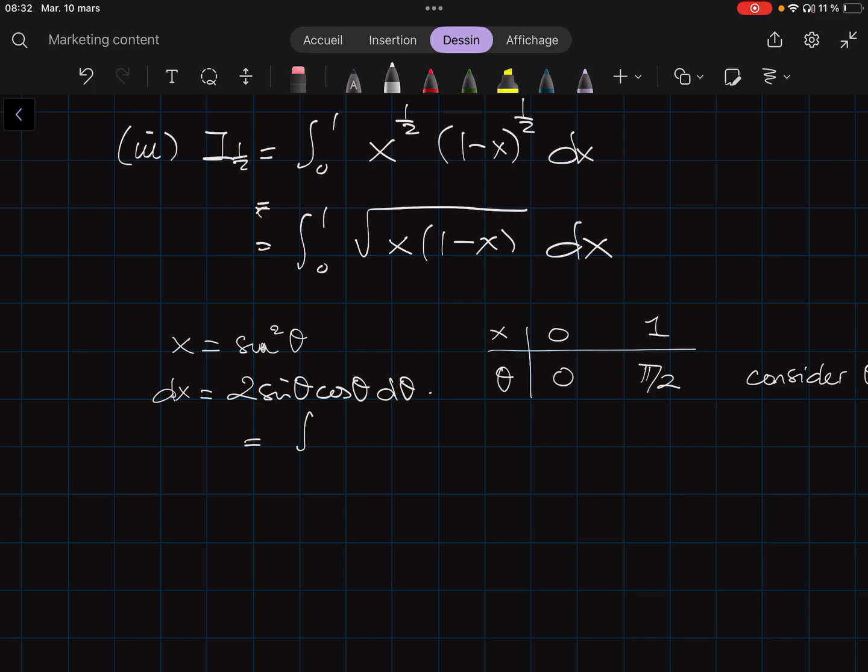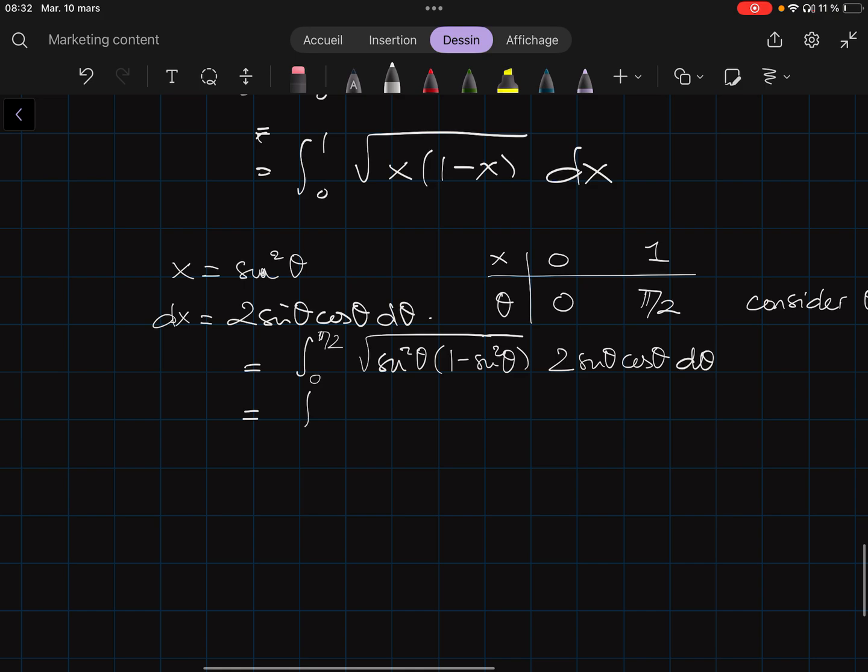The integral now becomes from 0 to pi by 2 of sine squared theta, (1 minus sine squared theta), 2 sine theta cos theta. On this interval, in the first quadrant, sine theta is positive, cos theta is also positive.